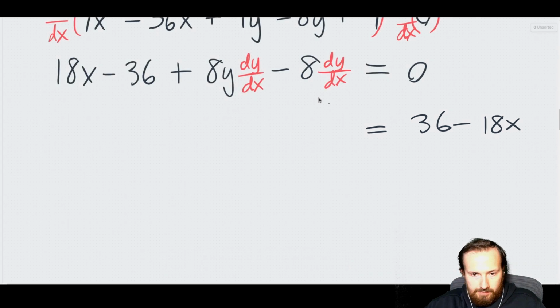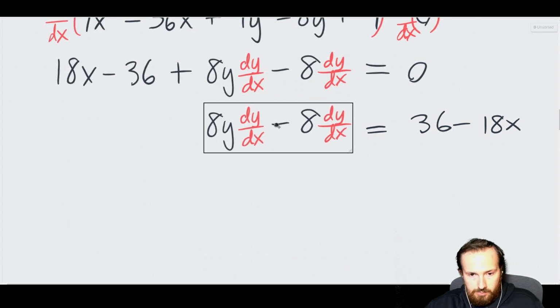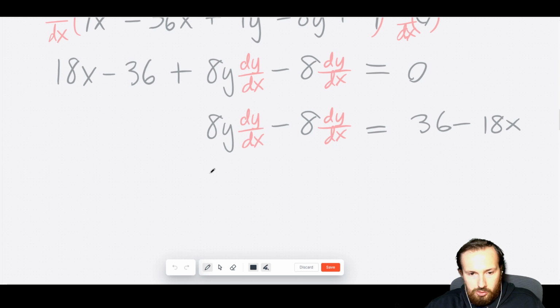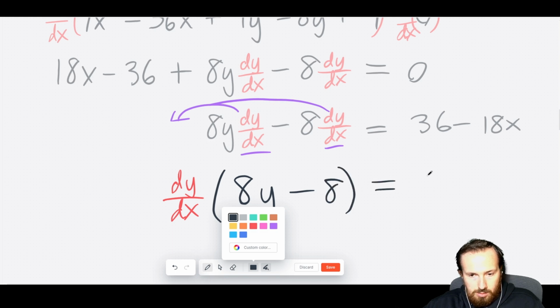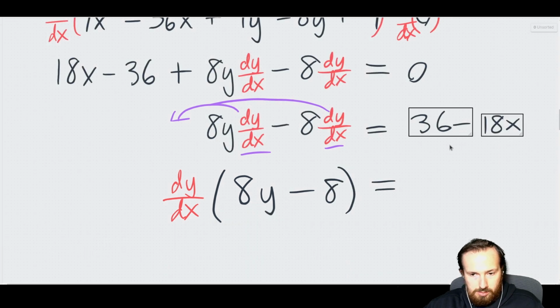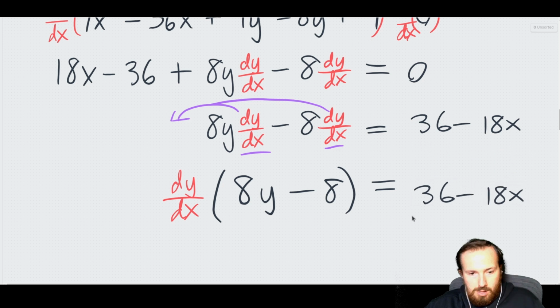And then we'll be left with just this. Then you can factor out, thinking of it like using the distributive property in reverse, the dy/dx. Remember, dy/dx is what we're actually trying to find, but you can pull that out. So you have 8y minus 8, and then that will still equal 36 minus 18x.